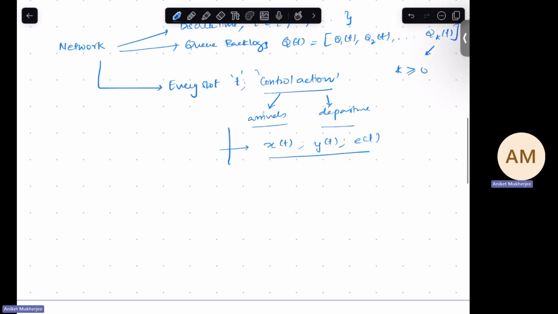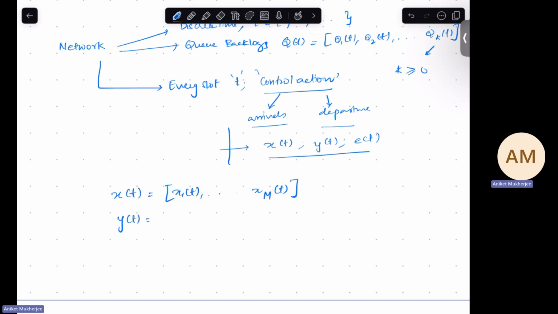So what you have is x(t), which is a vector x1(t) and so on up to xM(t), some performance metrics measured across nodes or something. This is a general outlook.